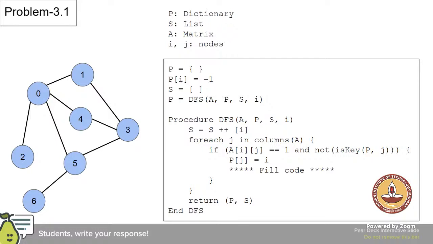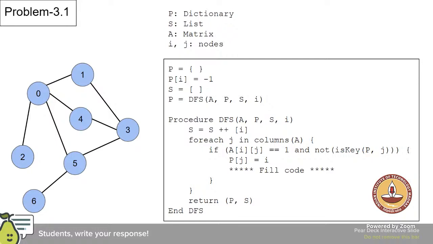So for node I, say we start from 0. For 0, we will look at each column and check whether it is connected to those nodes. If it is connected, the value for 0 to that particular column would be 1. And if it is not visited, that means it is not present in the dictionary P, then we will execute the if block.